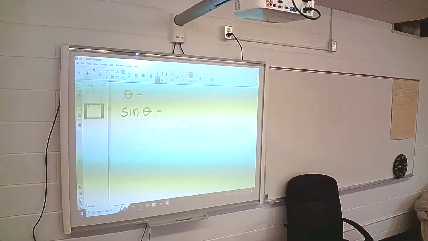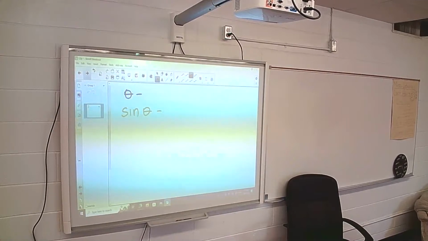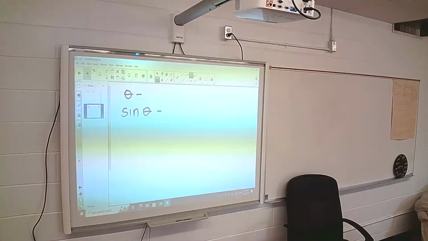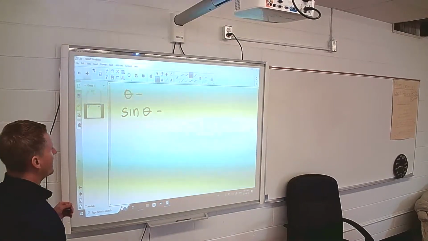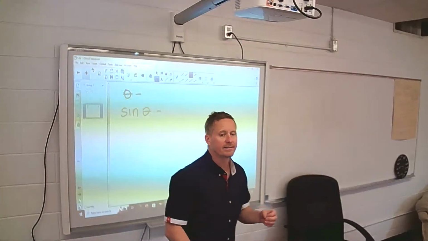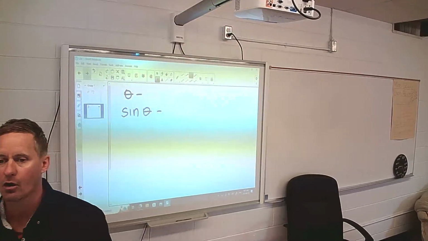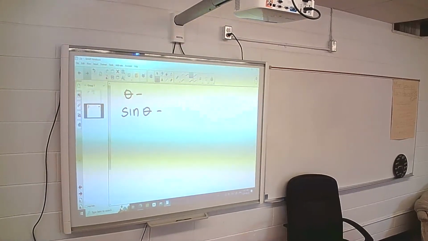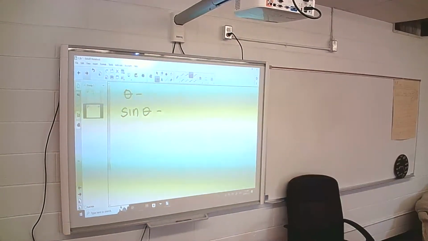The first one is asking for an angle measure. The second one is asking for a ratio. There is a clear difference between the way those two are written. One doesn't have the function, one has the function. You need to identify that. If it asks you for the sine of theta, the cos of theta, the cotan, or the 6 trig ratios, you need to put that down as a ratio.